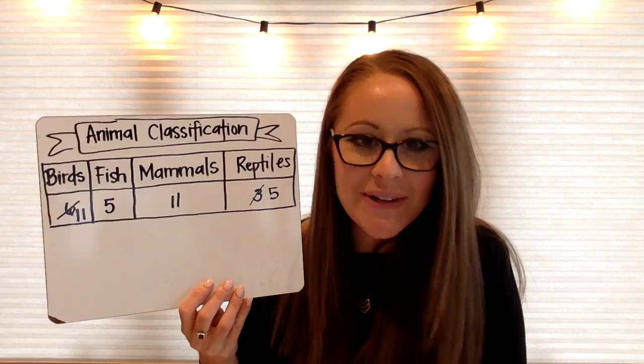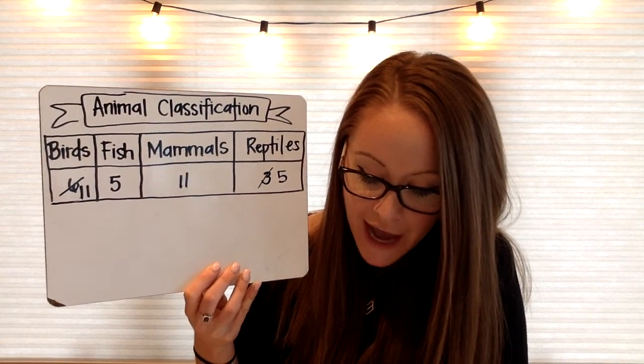So I'm going to change that on mine so we're not confused. And then it said 2 more reptiles. So instead of having 3 reptiles, if we added 2 more, we would have what? 5, right? So here is my updated table.